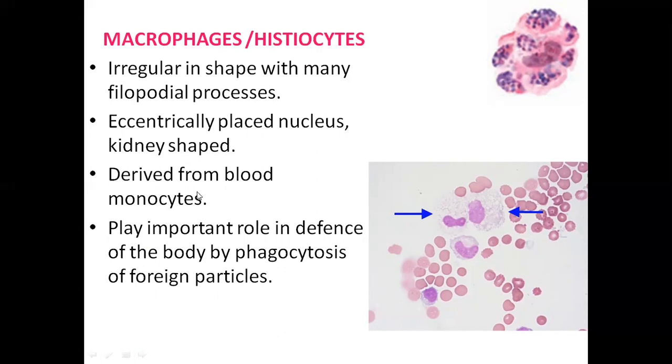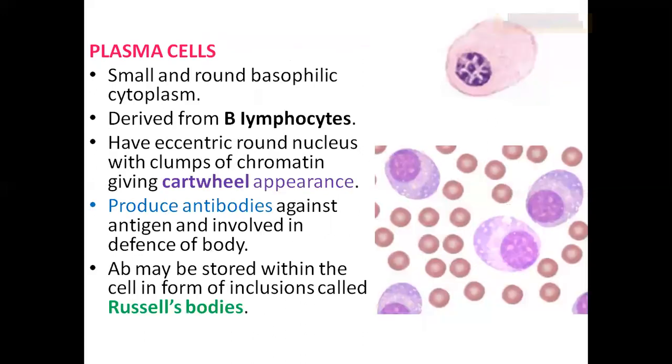In the blood we have monocytes. If there is any infection or inflammation, the size of monocytes becomes quite big, and they are modified as macrophages. They play an important role in the defense of the body by phagocytosis of foreign particles. That means they help in killing microorganisms. That's how they protect us from various diseases.